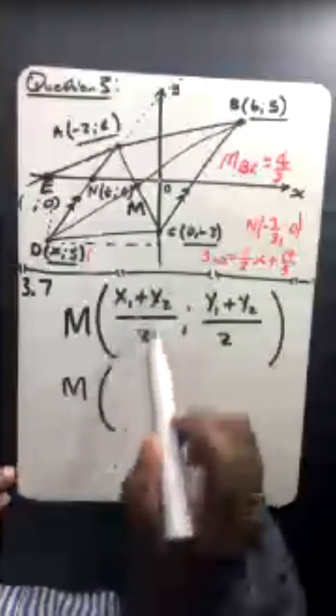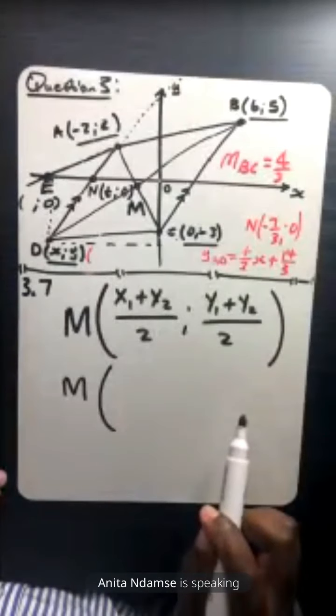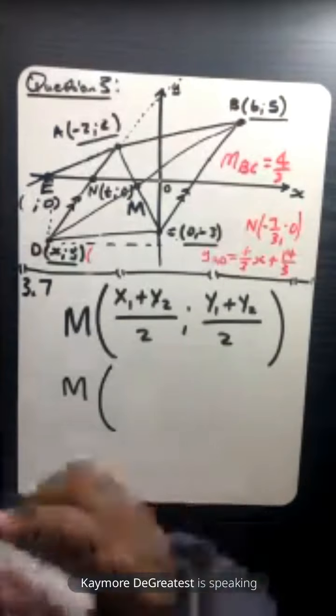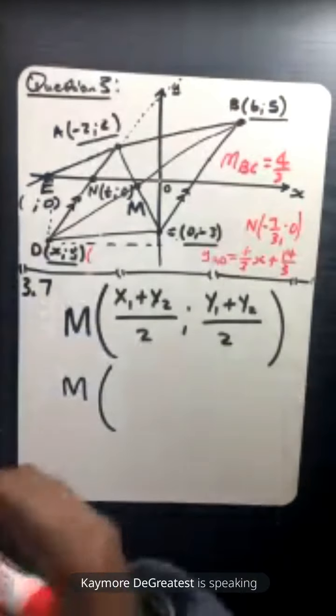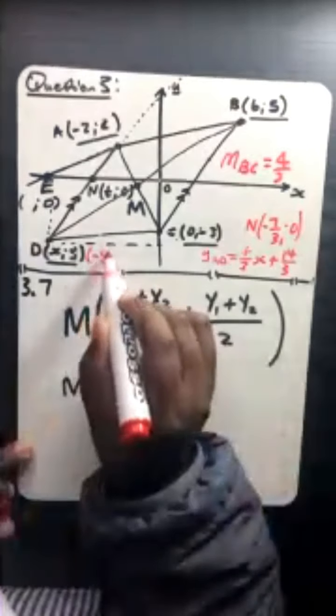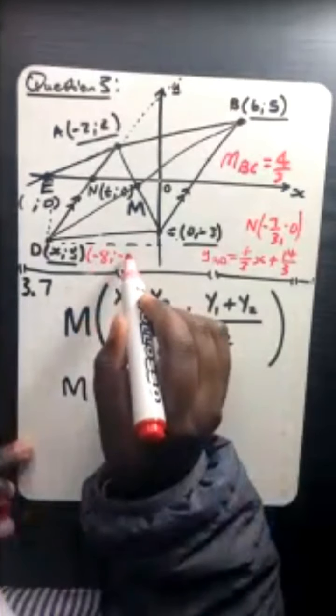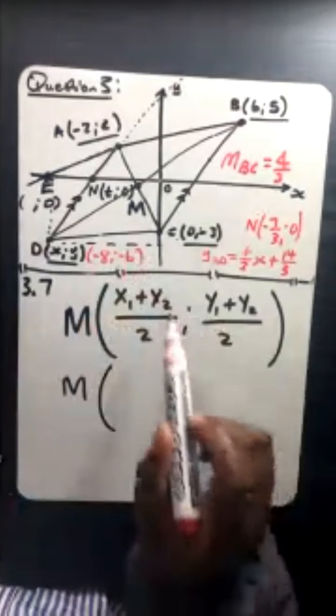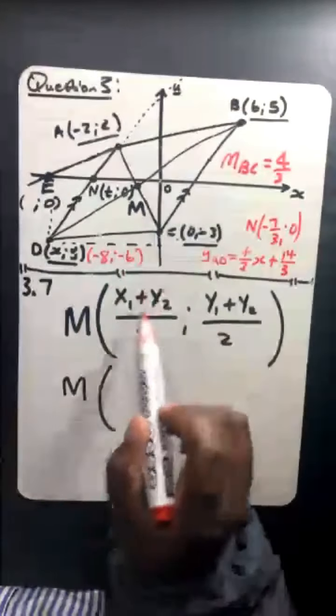Did you take this as y? Probably the reason. Sir, isn't it the coordinates of D is negative? For x is -8, then for y is -6. Let's see. This is -8. This is -6. Okay. But wait, what were you taking that as?